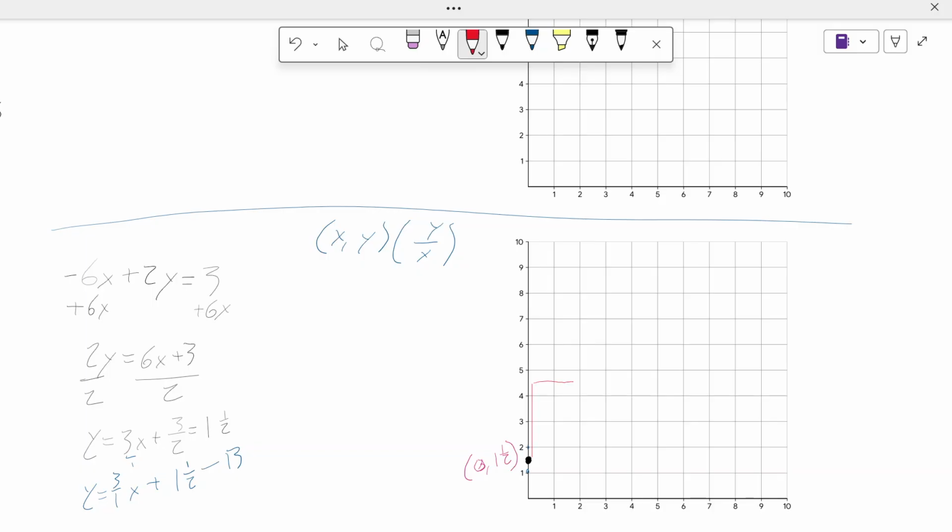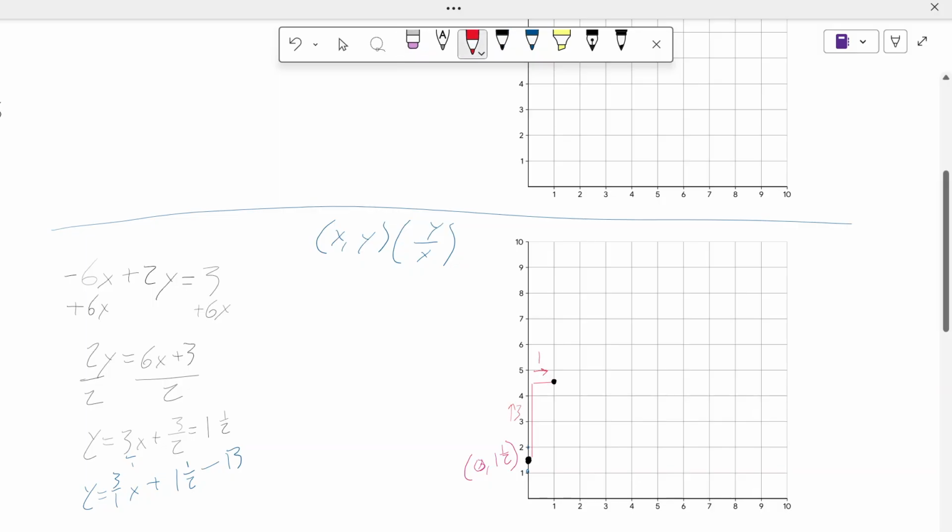And we're going to go over 1. So we went up 3, and we went over 1. And so we got our second point, which is right here. And I'll have to draw the up 3 on this.